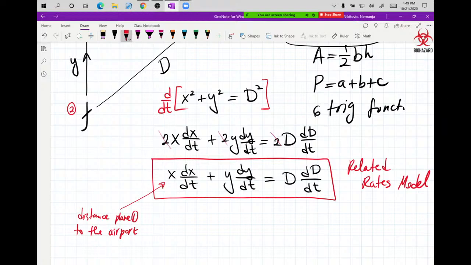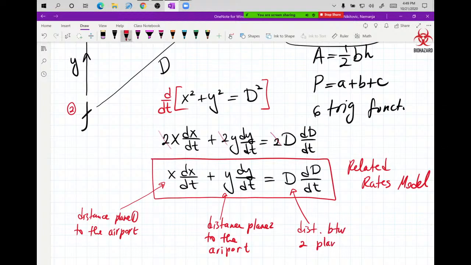So that means that y is what? Distance from plane 2 to the airport. Great. What is distance d? The shortest distance between the two planes. Good. So this is the distance between two planes.